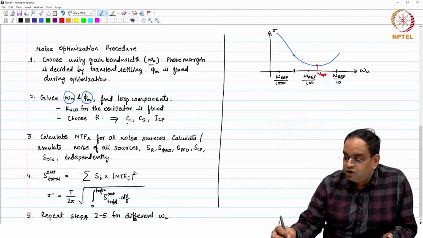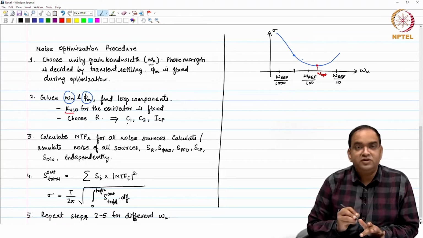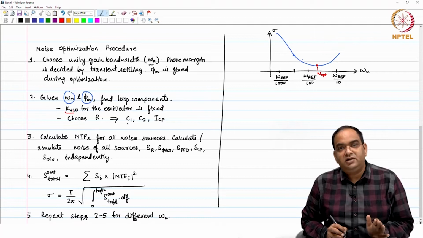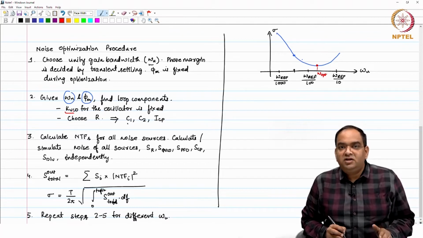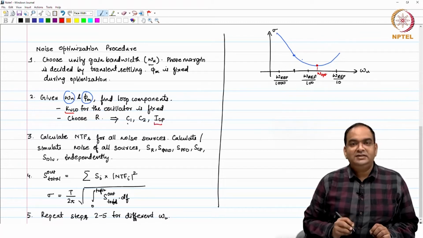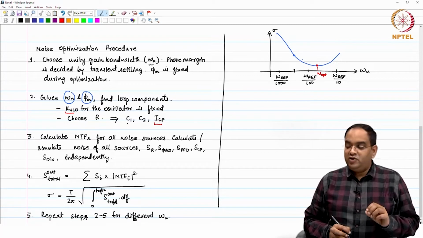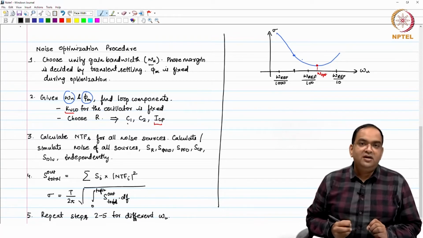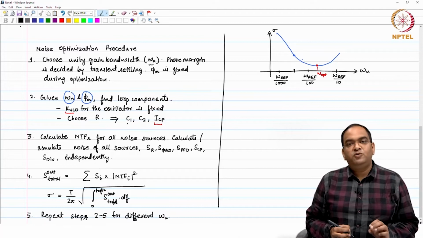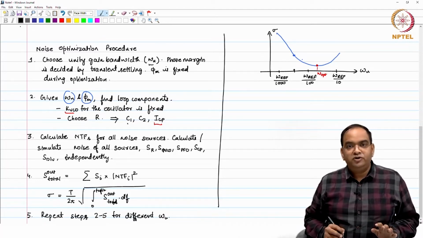In this particular case, as soon as we chose KVCO and the phase noise of the oscillator, the power consumption in the oscillator is fixed. We got a certain ICP, so the power consumption in the charge pump is also fixed, and you are designing it for a PLL where your reference frequency and output frequencies are fixed. So the power consumption in all other blocks is also fixed.